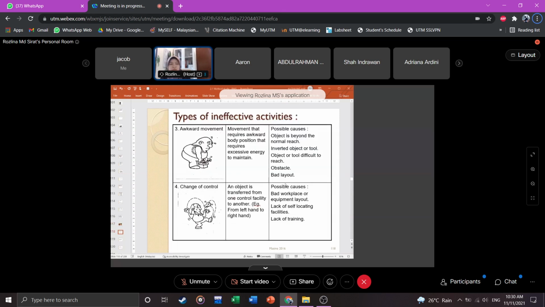Okay, number 3. Outward movement. Movement that requires outward body position that requires excessive energy to maintain outward posture. The possible causes: object is beyond the normal reach, overreaching, inverted object or tool, object or tool difficult to reach, obstacle, bad layout.